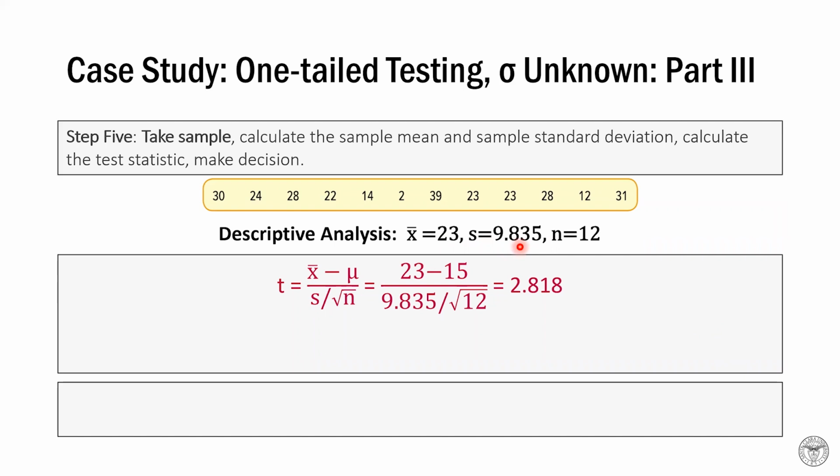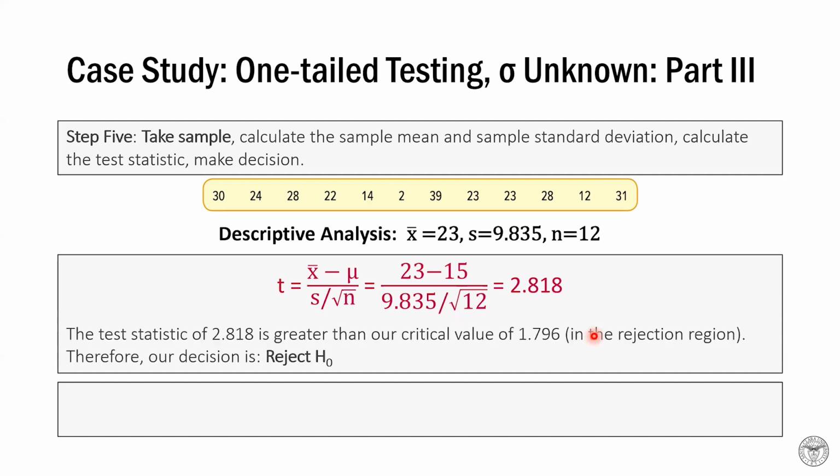We then calculate the test statistic as follows: t equal to x bar minus mu over s divided by square root of n, equal to 23 minus 15 over 9.835 divided by square root of 12, which is equal to 2.818.